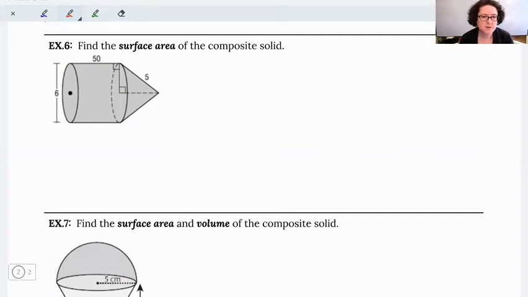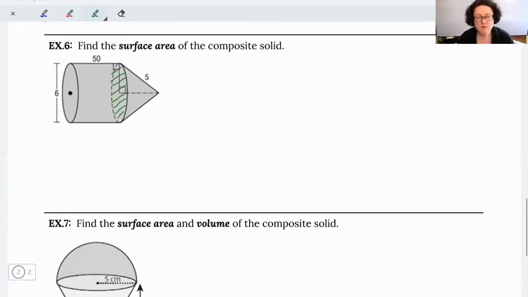So we're actually going to piece together pieces of our formulas that we have for each one of these figures and see if there's anything that we need to modify to make sure that we have just the information that we're looking for. So first thing I'm going to consider is, well, I have this cylinder and I have this cone and they overlap in the middle. So they overlap at this circle.